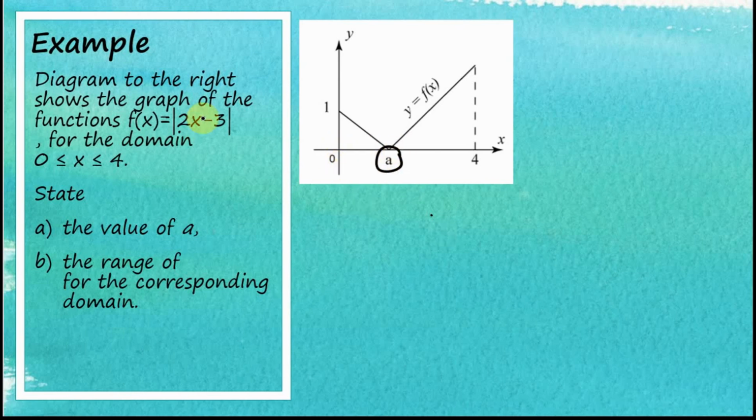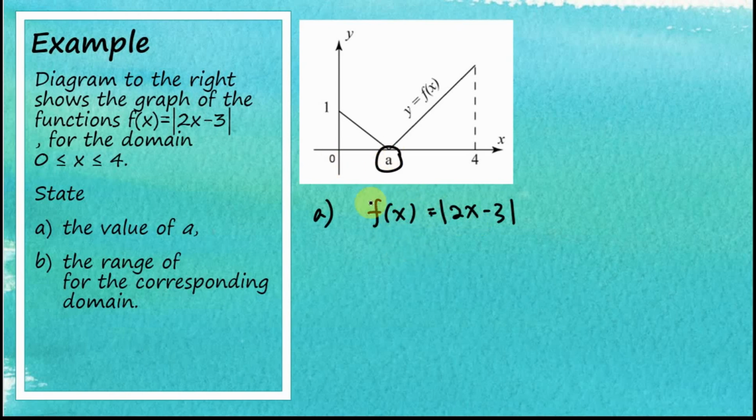So let's rewrite these equations here. This is for a. f(x) equal to modulus 2x minus 3. From the graph we learned that when x equal to a, the image, this f(x), equal to 0.